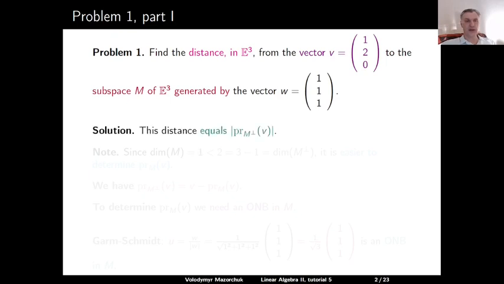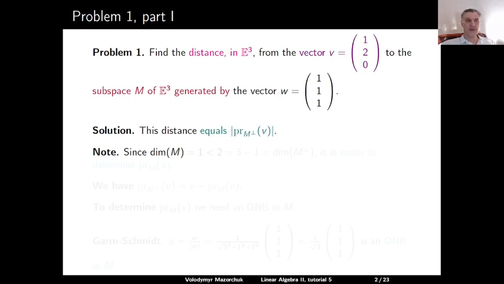Solution. The distance from a vector to a subspace equals the length of the orthogonal projection of this vector onto the orthogonal complement of the subspace.